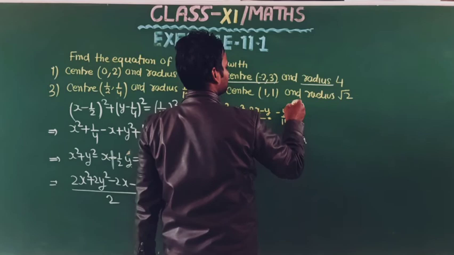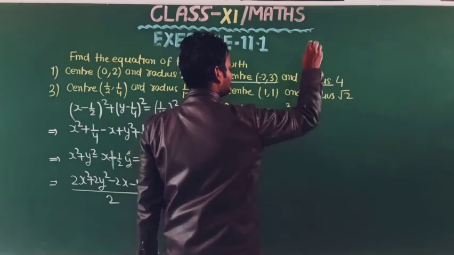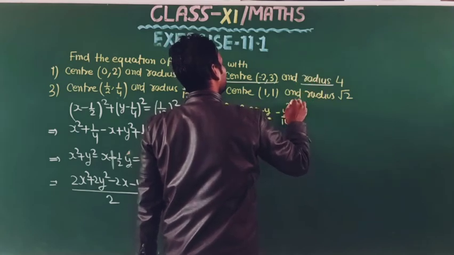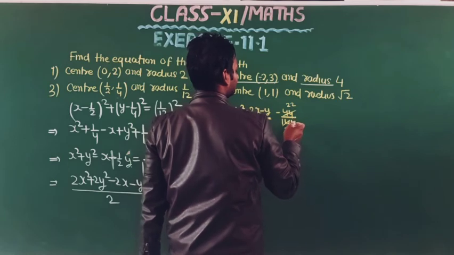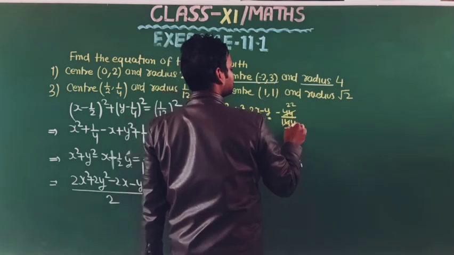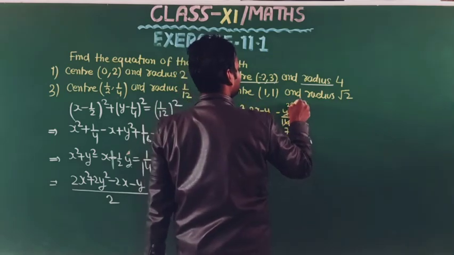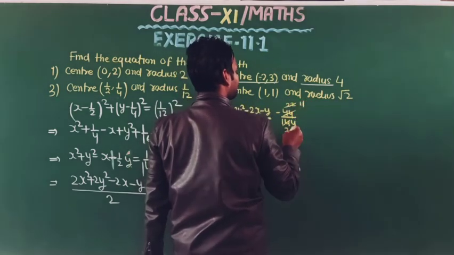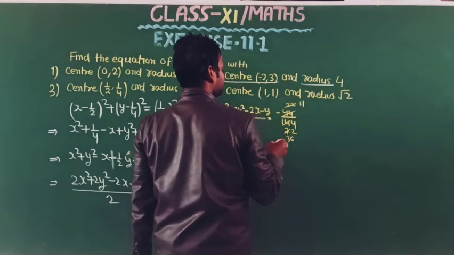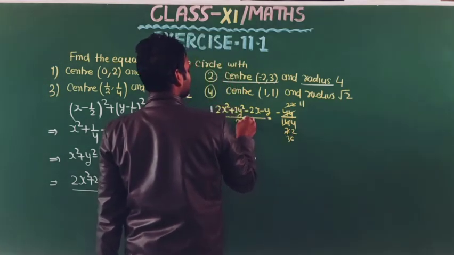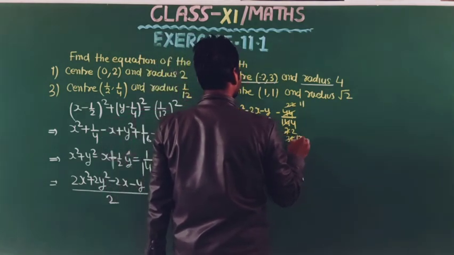So this is, again, 2 3s are 6, 2 6s are 12, and this is 18.